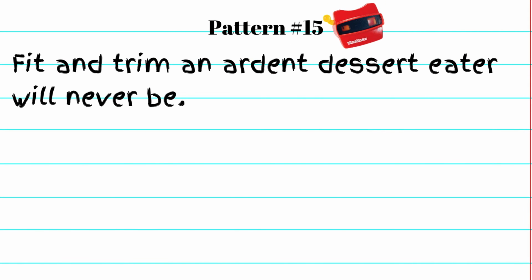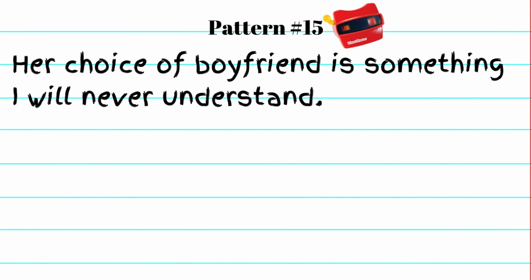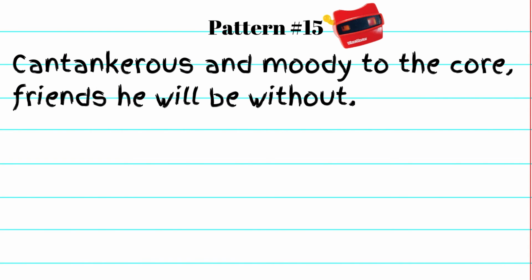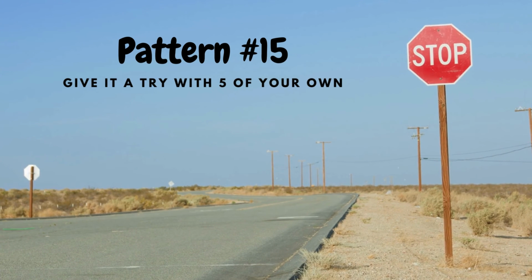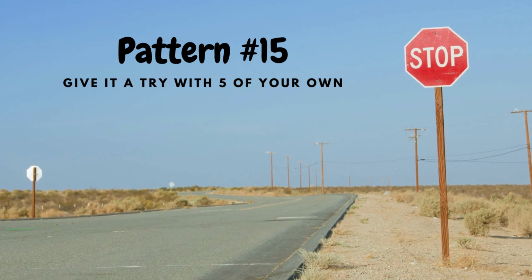Next one, fit and trim, an ardent dessert eater will never be. Her choice of boyfriend is something I will never understand. And the last one, cantankerous and moody to the core, friends he will be without. All right, same old routine, same old policy. Try 5 for pattern 15.